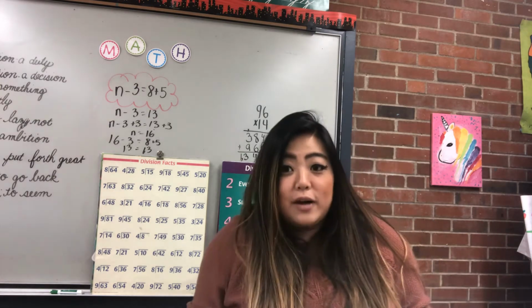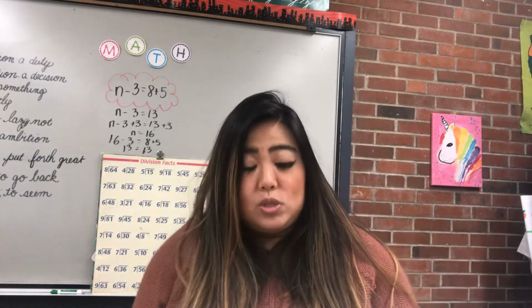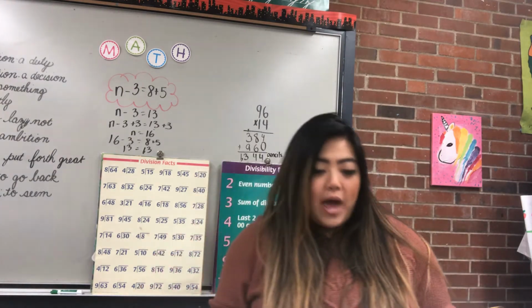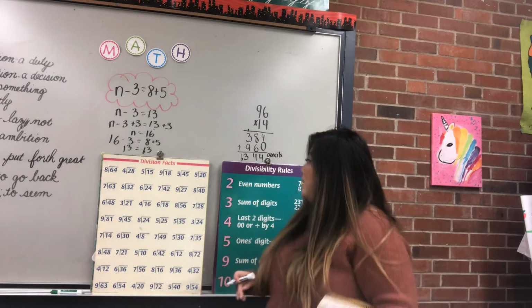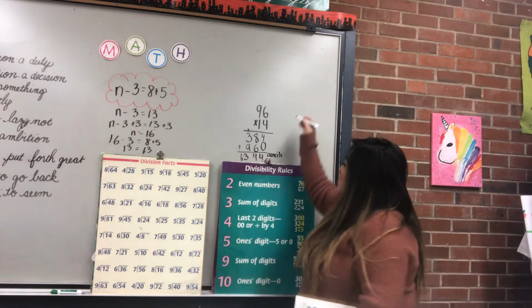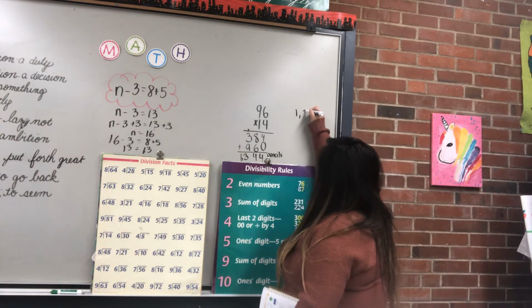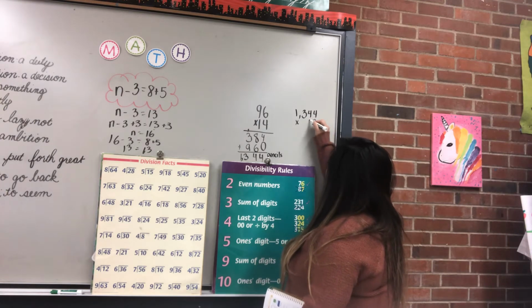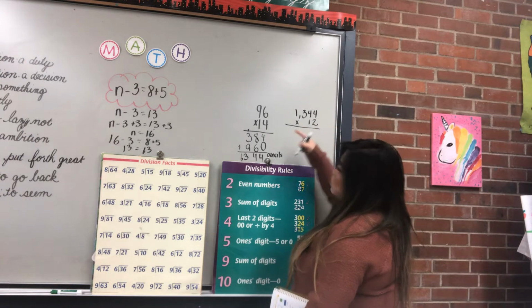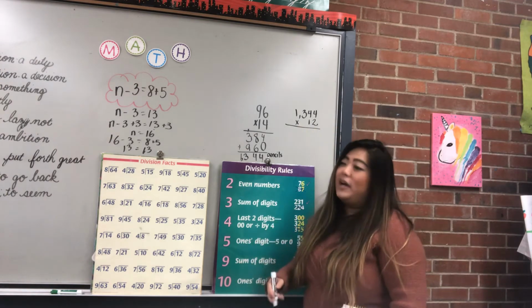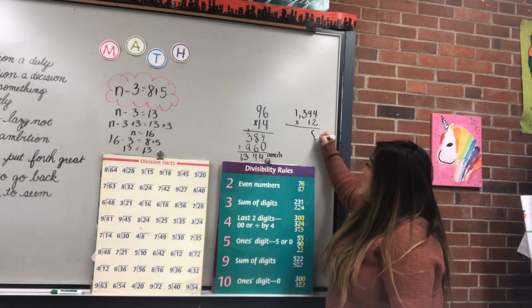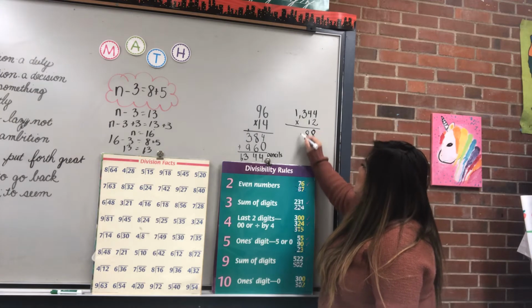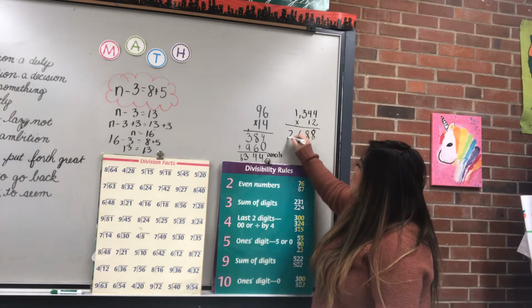There are 1,344 pencils, and each pencil costs 12 cents. So they want to know how much did all the pencils cost. So now you take 1,344 times 12. I like this because the first one you're doubling, and the first one you're just multiplying by 1. So 4 times 2 is 8, 4 times 2 is 8, 3 times 2 is 6, and 1 times 2 is 2.